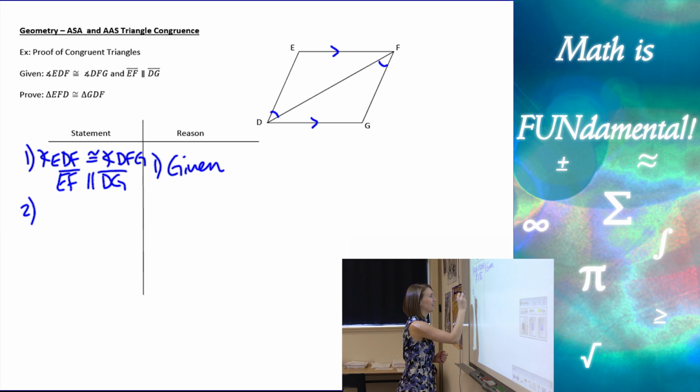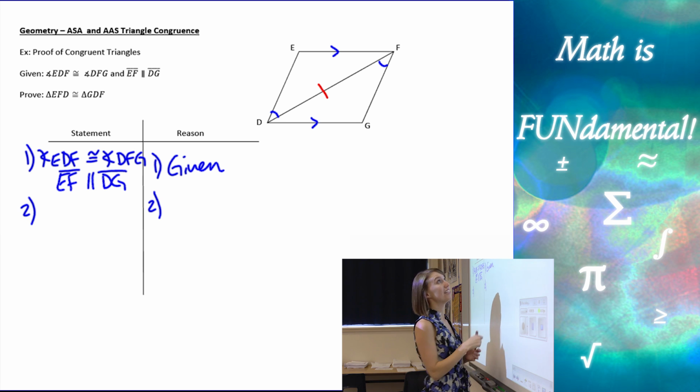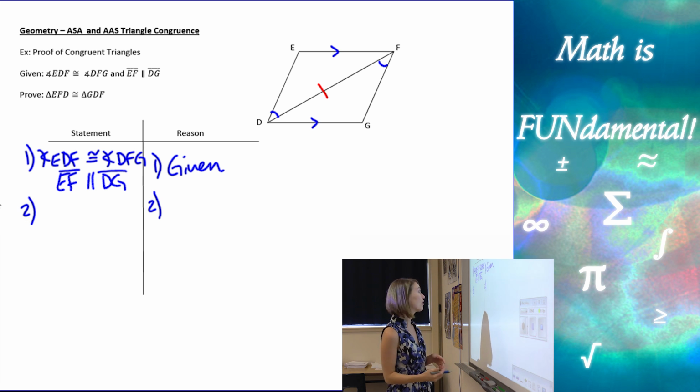Okay, second line. Now we have to think, what else can I figure out from this diagram? Well, we know from what we learned before that if two triangles are touching or overlapping, chances are there's a shared part. So this side here, DF, is a shared part of both of these two triangles.